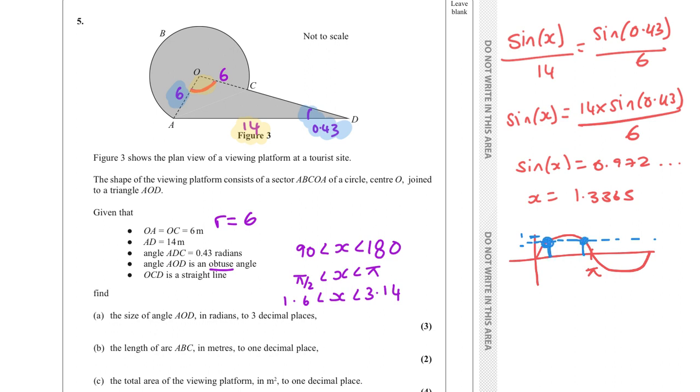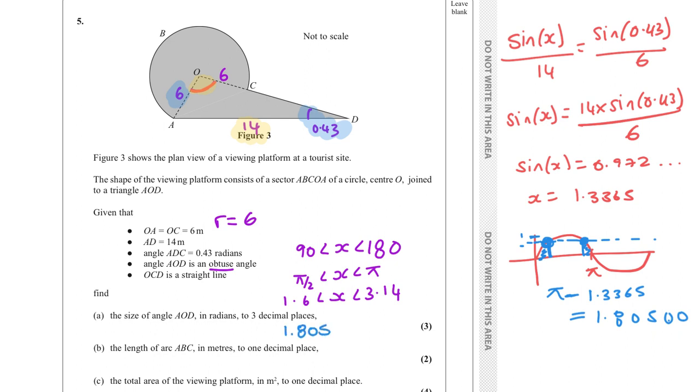So using symmetrical properties, I'm going to do pi minus 1.3365. And this is going to give me the obtuse angle, which is also the same. So shift pi minus answer, I now get 1.805 to 3 decimal places. So my angle in radians is 1.805.